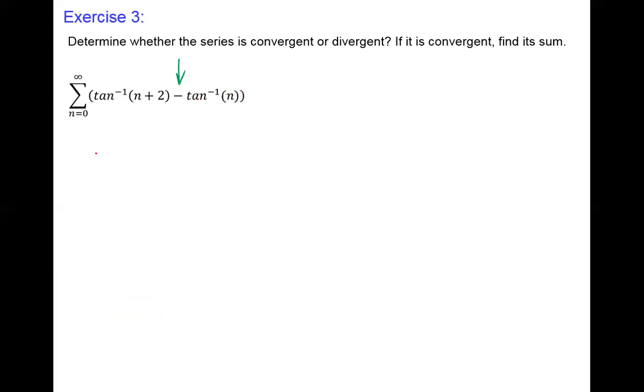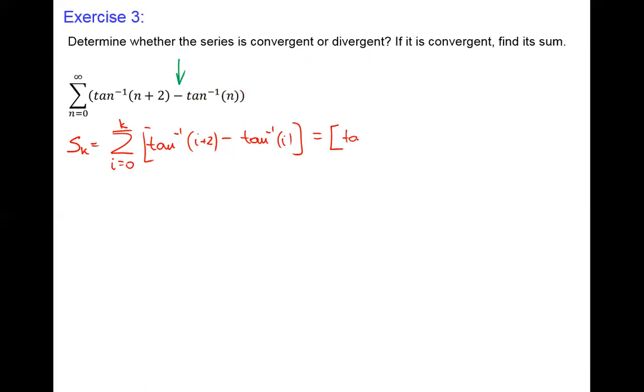Okay, that means let's find the partial sum, summation from i equals 0 to k, a finite number of terms, of inverse tangent of i plus 2 minus inverse tangent of i. And that means let's see. I will list a few terms.